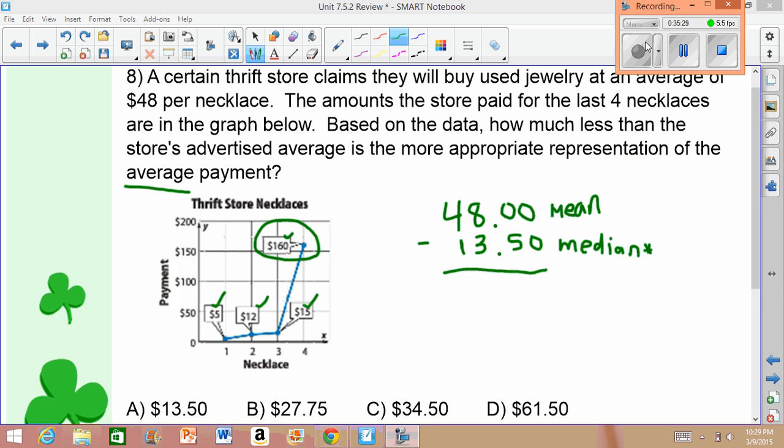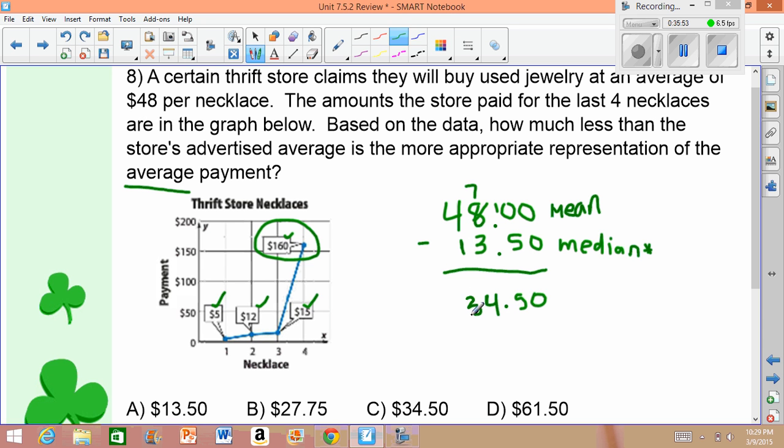So when I set up my problem, I'm actually subtracting our mean minus our median. So that's 0. We have to go borrow, so that's 7. This becomes 10. 10 minus 5 is 5. Put my decimal point. 7 minus 3 is 4. And 4 minus 1 is 3.